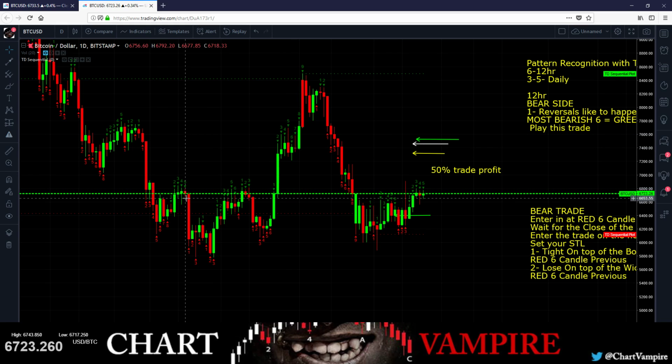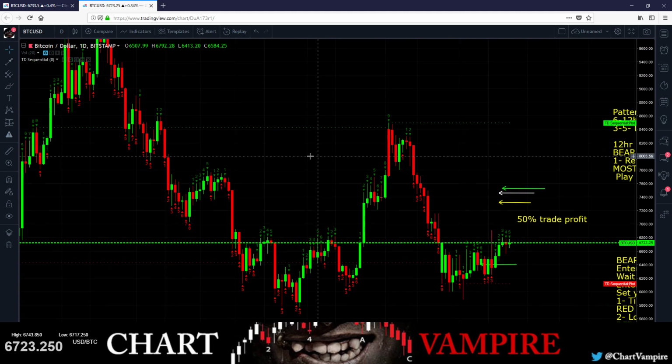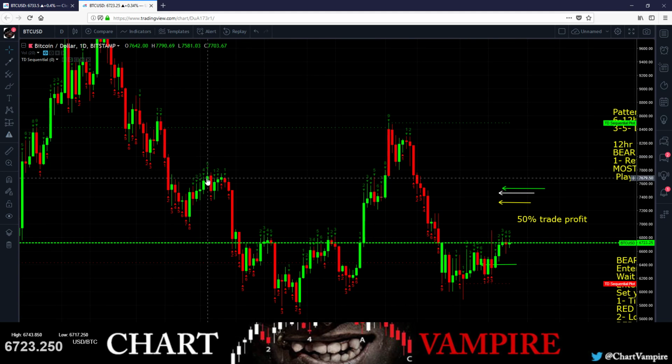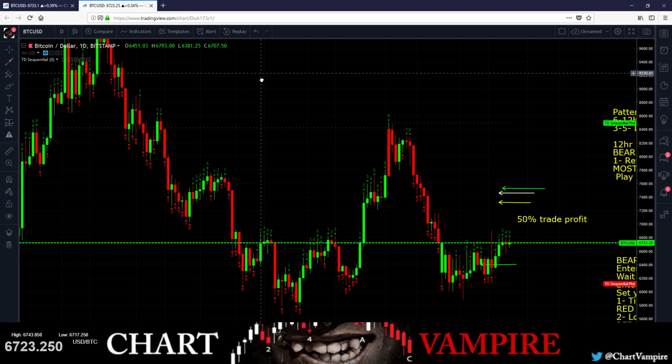Green 5, red candle dumped. Green 5, red candle did dump, but was a continuation pattern. Green 5, red candle dumped. Green 5 still on a green candle. Okay, so the green 5s on the green candle. Green 5, green candle dump.